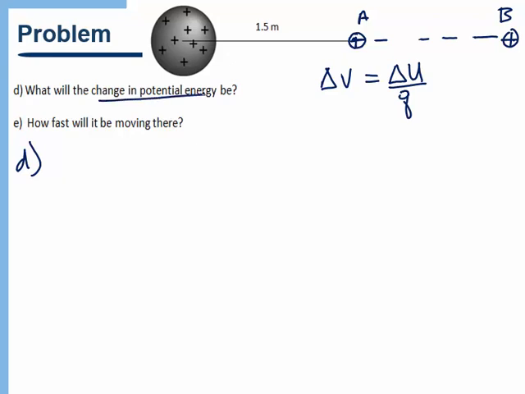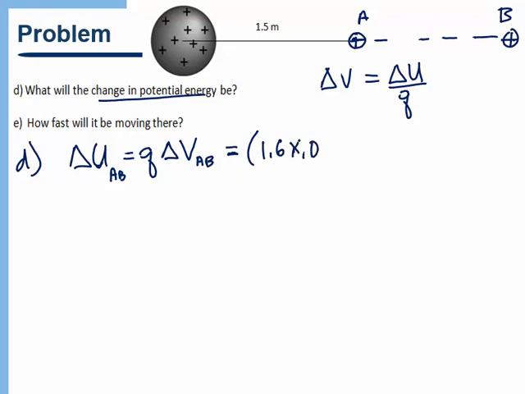We want the change in potential energy, so that's delta U is equal to Q times delta V. And if we want to stick the AB on there, we can. So now I care about what charge is actually moving from A to B. And in this case, it's a proton. So I've got 1.6 times 10 to the negative 19th.